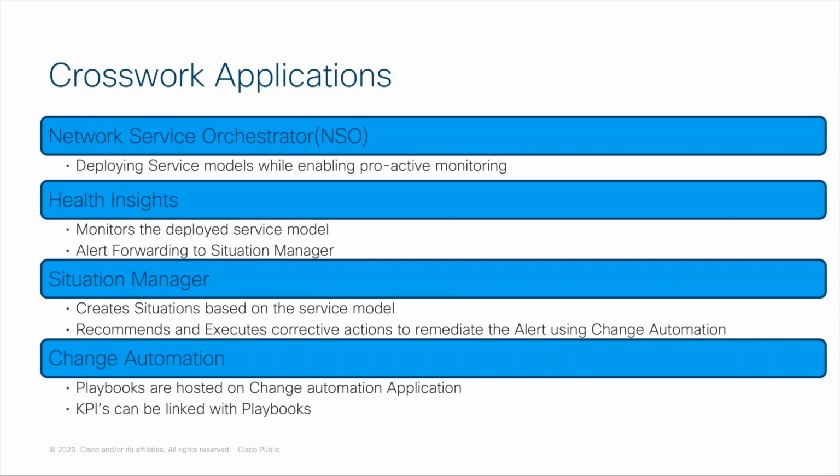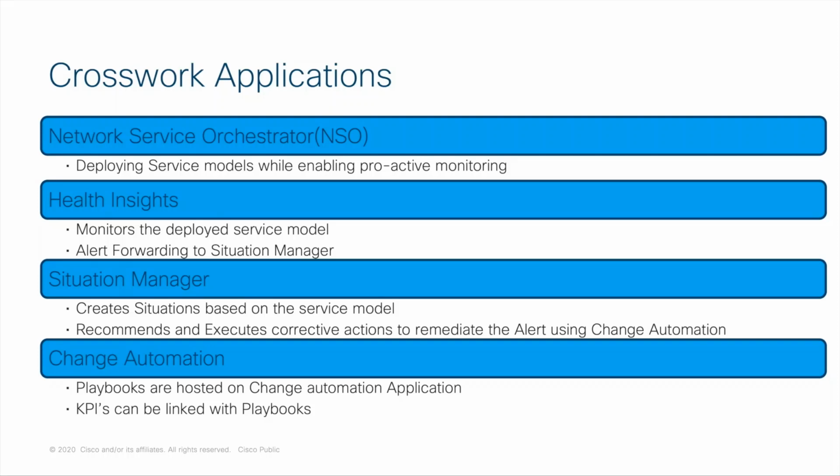With that being said, in our demonstration today, we will be talking about NSO, Health Insights, Situation Manager, and Change Automation. What are the actions that will be performed in our demonstration by these applications? NSO would deploy the service models. At the same time, it would enable proactive monitoring on the services that have been deployed. Health Insights would push all the configurations that are needed to monitor this particular service, and it would constantly check to make sure that the SLAs are met.